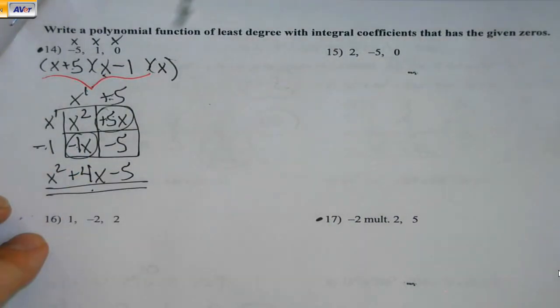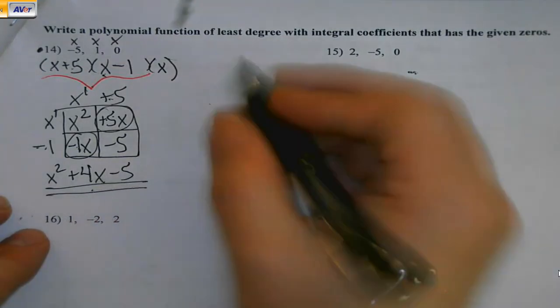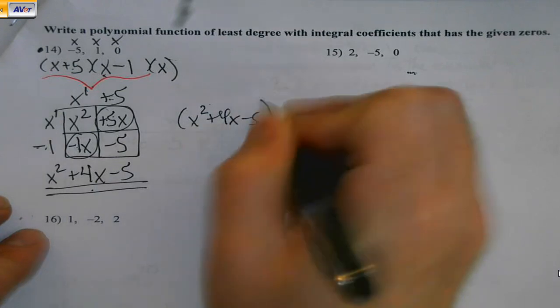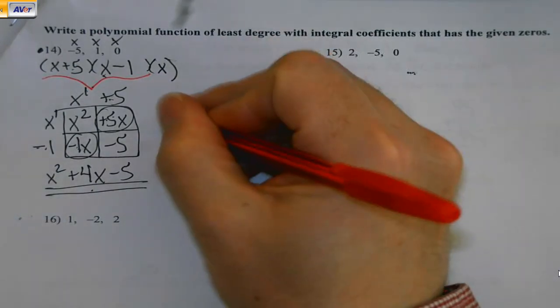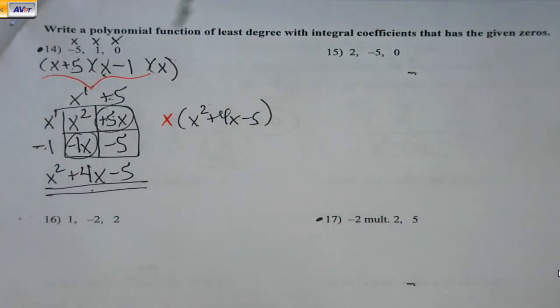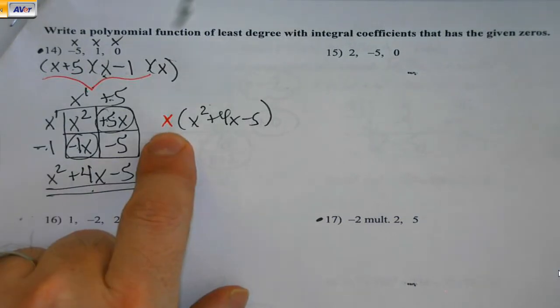Does that mean I'm done? Nope. All that means is now I'm going to take this, and the only thing I have left is an x. If it would have been another set of parentheses, another binomial, I'd have made a bigger box. But I don't really need to make a bigger box for this. I could make a box, but I don't need to.